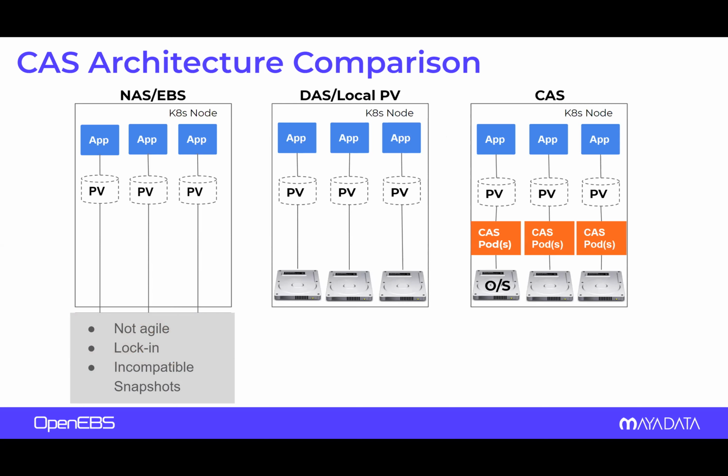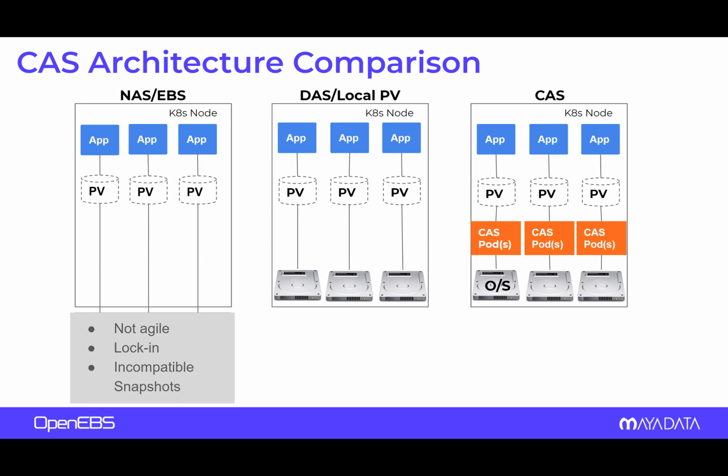Features are tightly attached to one vendor or one location. Even in one data center, you have a mix of storage vendors, and snapshots are not transferable across vendors or locations. And they are not agile enough to keep up with how you consume Kubernetes.